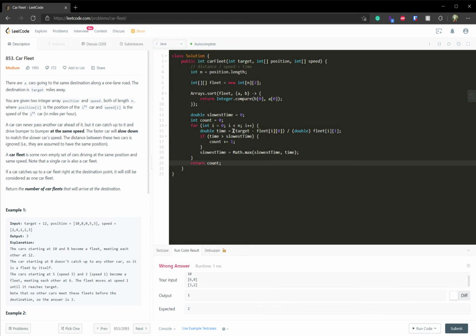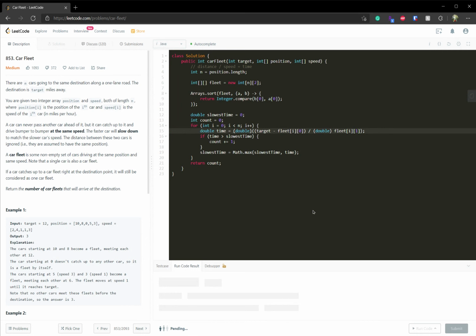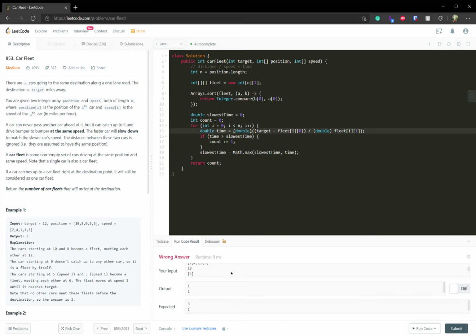I'll cast this entire thing to double again. Let's do some debugging. First we sort by starting position.